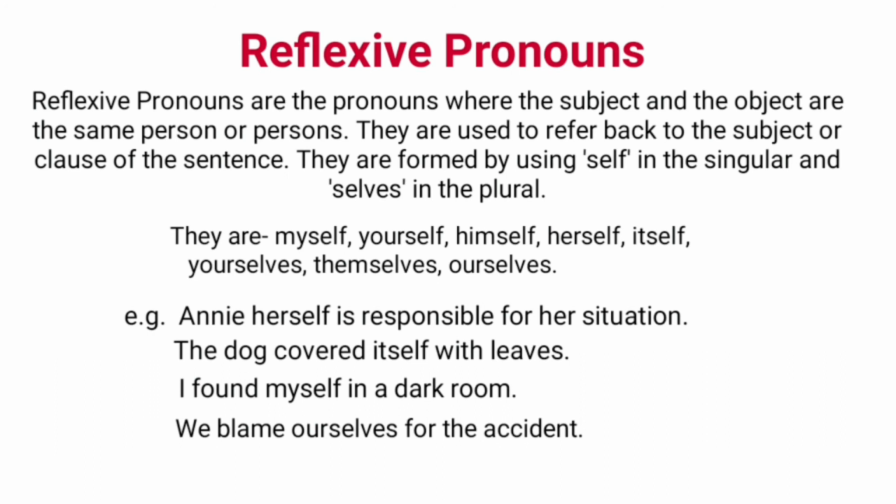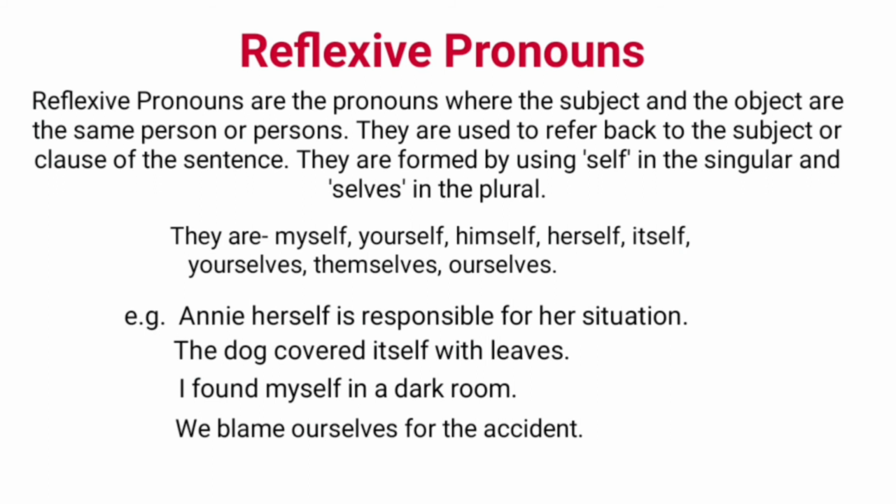For example, Annie herself is responsible for her situation. Here, herself refers back to Annie, which is the subject of the sentence. Next example, the dog covered itself with leaves. Here, itself refers back to dog.